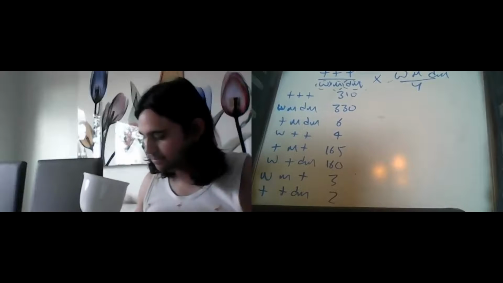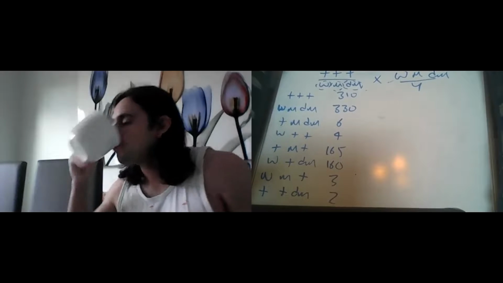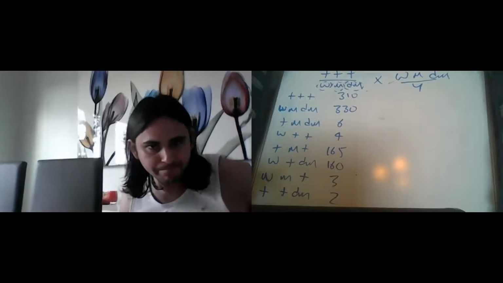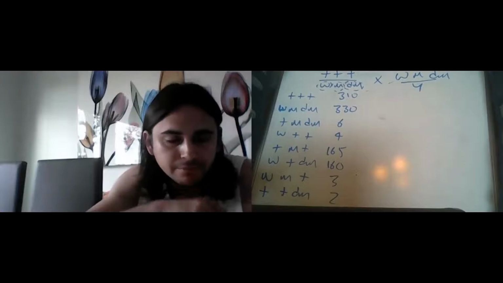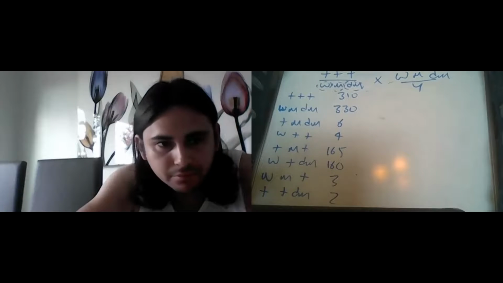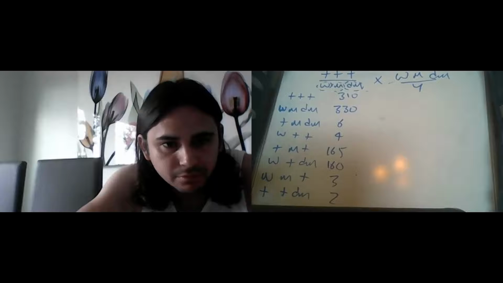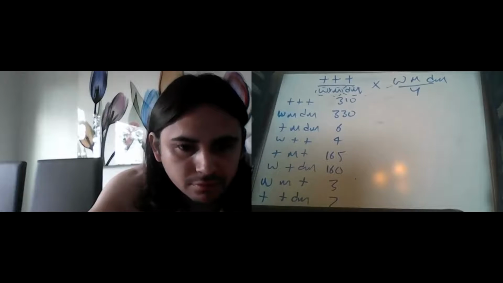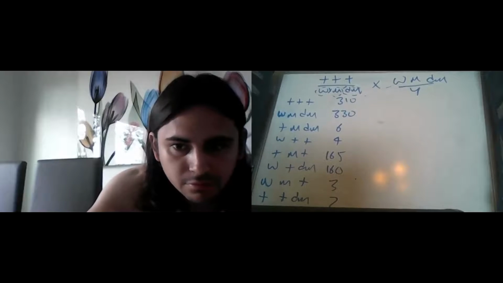Okay, so first job: which ones are the double crossovers? Are they these ones? W M plus, or let's work with the nomenclature that's on here, Adam. You're correct, but we'll just avoid confusion.